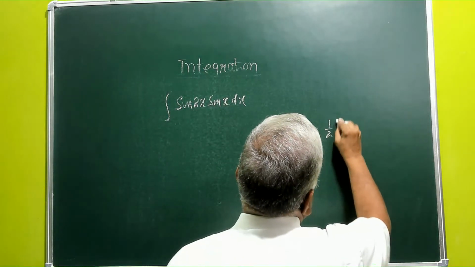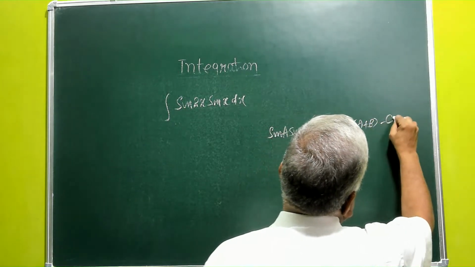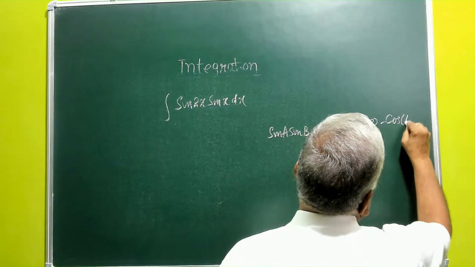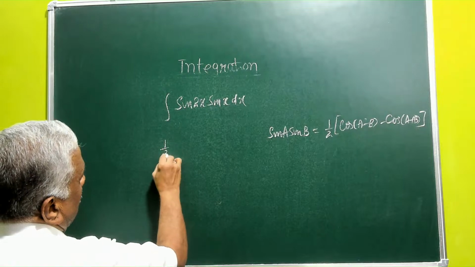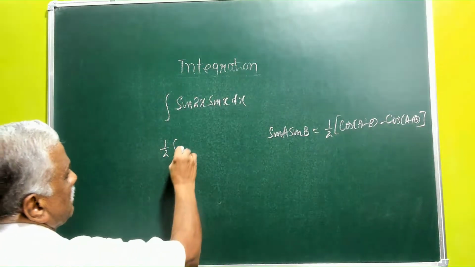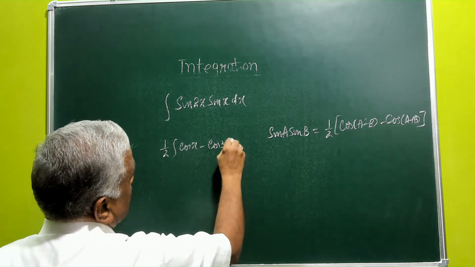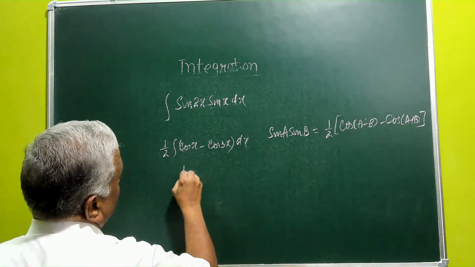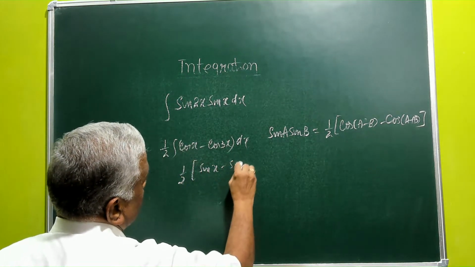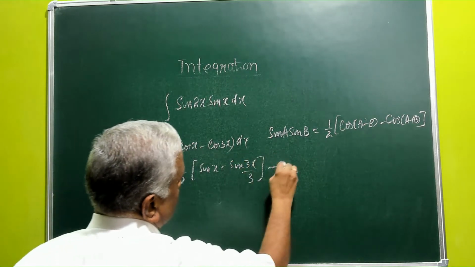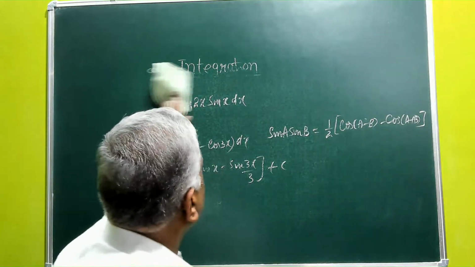Half of cos of A minus B minus cos of A plus B. So if you use that, cos of A plus B is cos 3x and A minus B is cos x, so cos x minus cos 3x dx. So the half of minus cos x is sin x, minus sin 3x by 3, plus C. Let's go to the next problem.